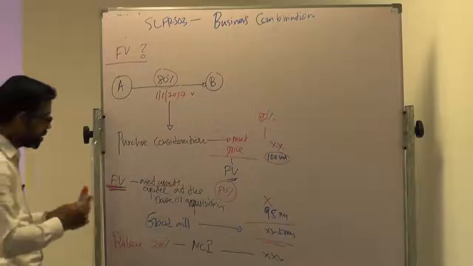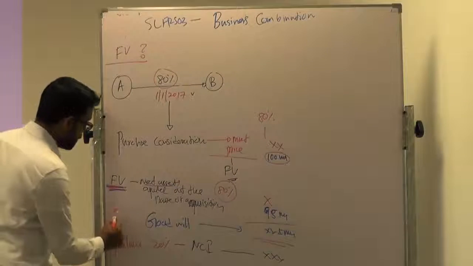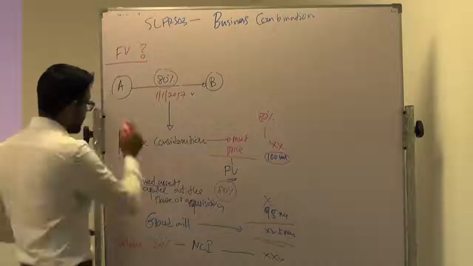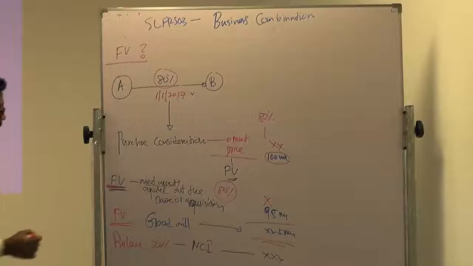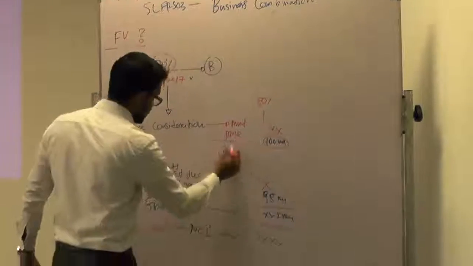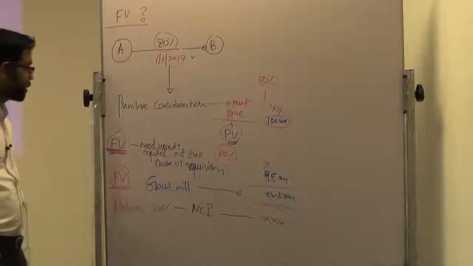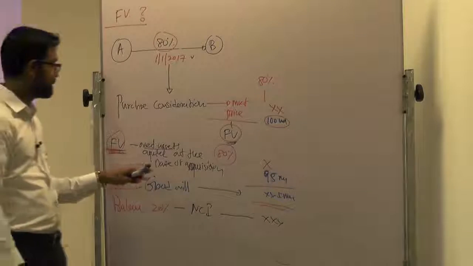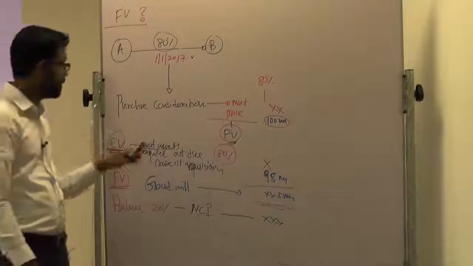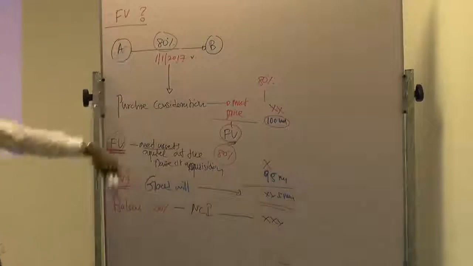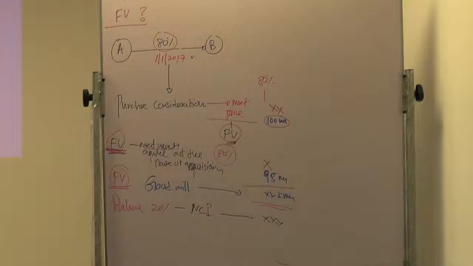This also you have to measure at fair value. Why? All these things are under fair value. So that is the measurement basis. The balance minority should be at fair value, net assets acquired at the date of acquisition at fair value, and purchase consideration, anyway, fair value. Clear? Simple.